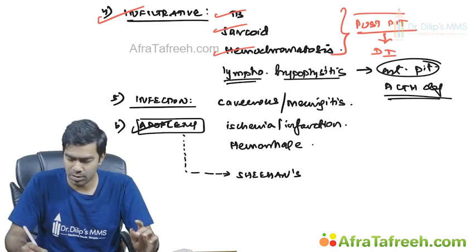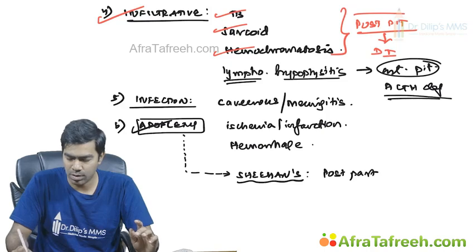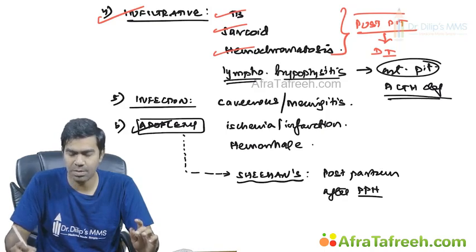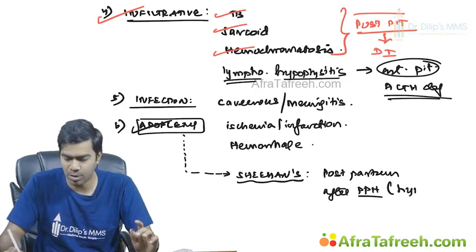Remember, Sheehan syndrome typically happens only in a postpartum woman after a postpartum hemorrhage. Usually after PPH and severe hypotension, you get ischemic necrosis of the pituitary. That's what we refer to as Sheehan syndrome. I'll discuss the clinical features in some time.